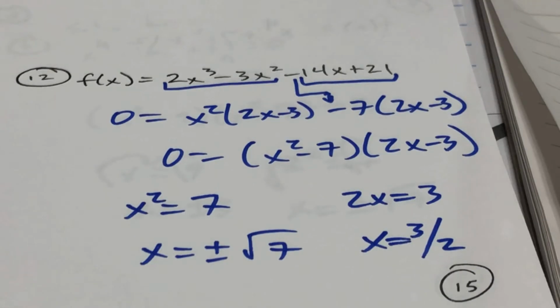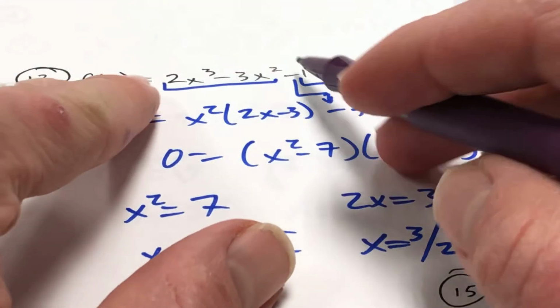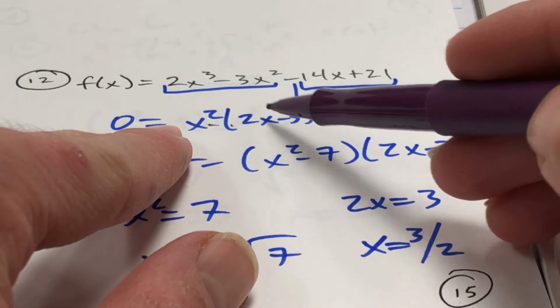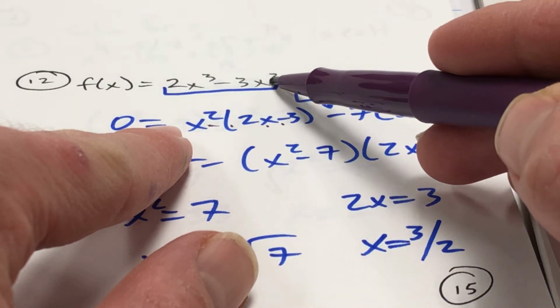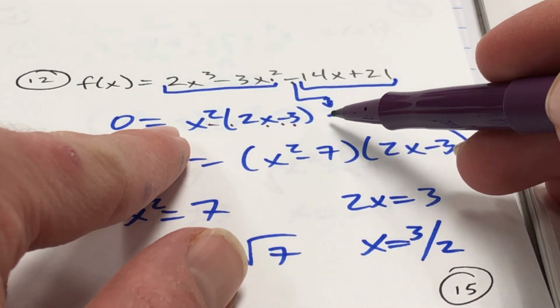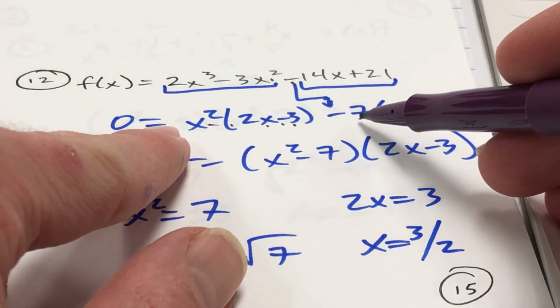All right, 12 is very much like 8. These two have an x squared in common. Factor it out. So you're going to be left with 2x minus, take away its x squared, 3. This time you have a negative in the middle, so you're going to factor out a negative, bring down the same sign. These are both multiples of 7. You're going to factor out a negative 7.